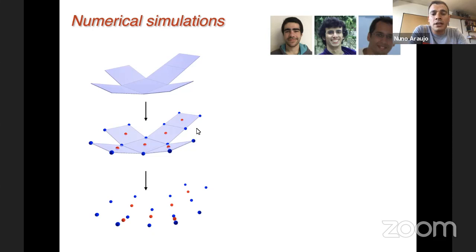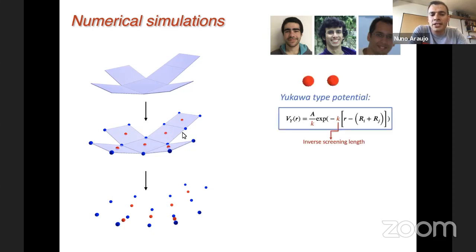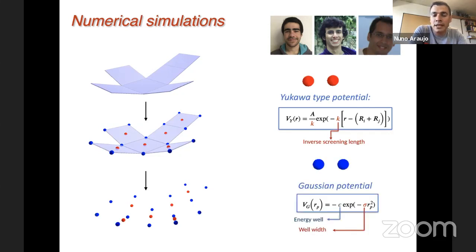And we model the interaction between the red nodes as a repulsive interaction. We use an exponentially decaying repulsive interaction, like a Yukawa type potential. And we model the interaction between the blue nodes as an inverted Gaussian potential, just to mimic the short range attraction between the edges of the different faces.